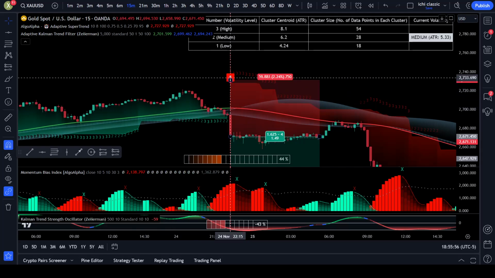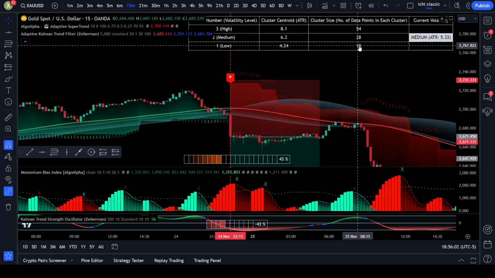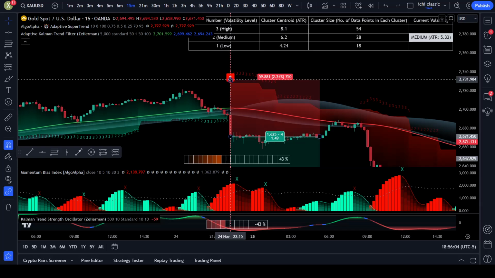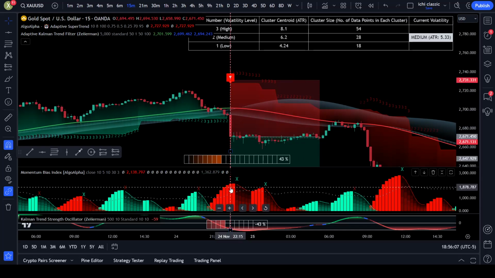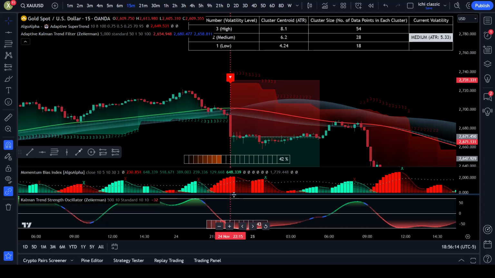It's a really good sell, right? The volatility is the highest number of 3. So that's the first condition. The sell is a light red above the dotted line. And the third one is this is red and it's below 0.